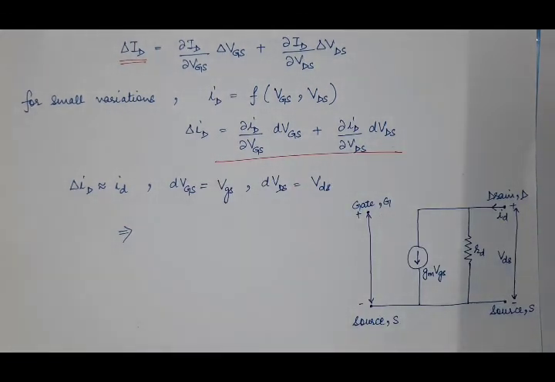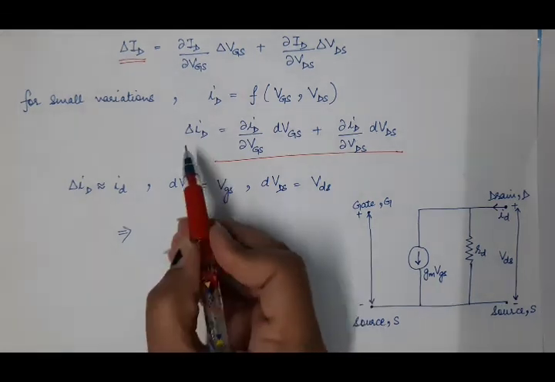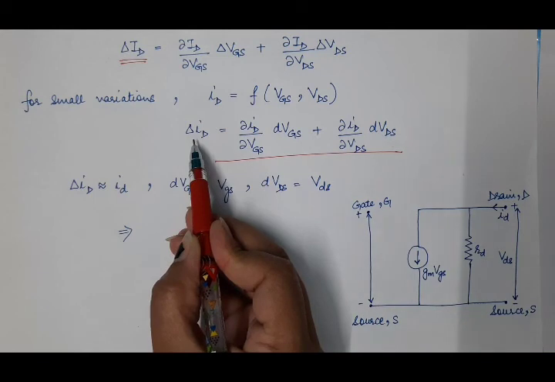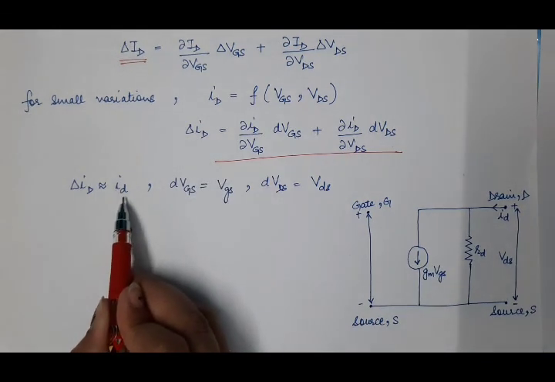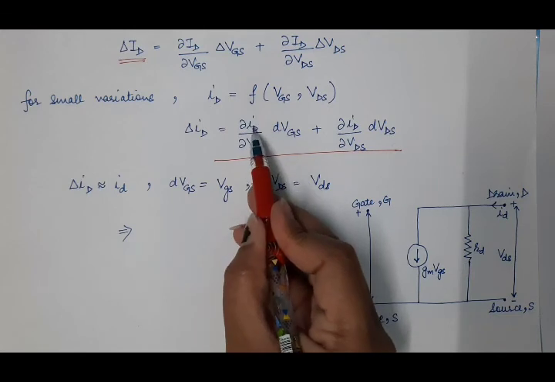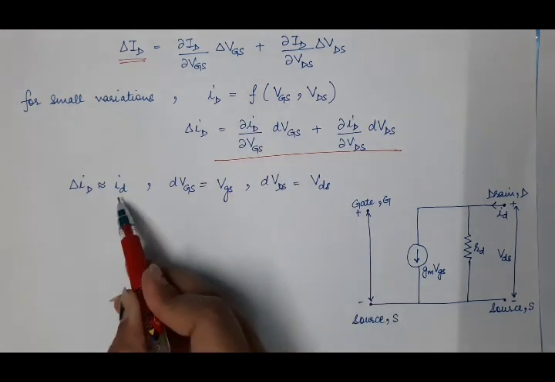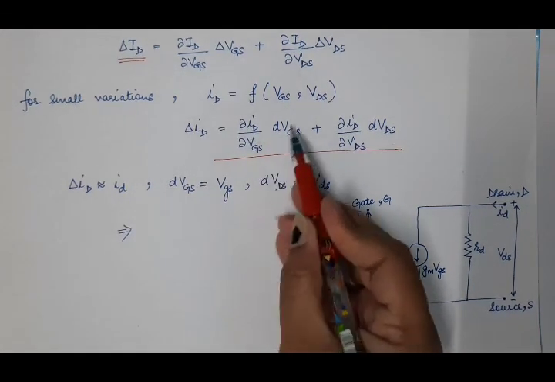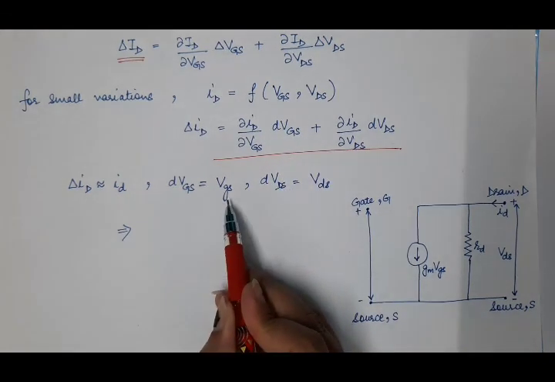And here, according to sign convention, this delta ID is supposed to be equal to id, and this change in VGS is denoted by vgs.